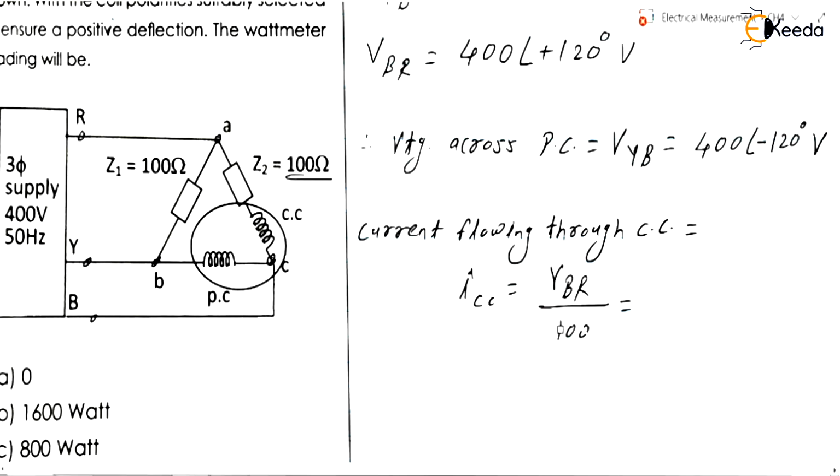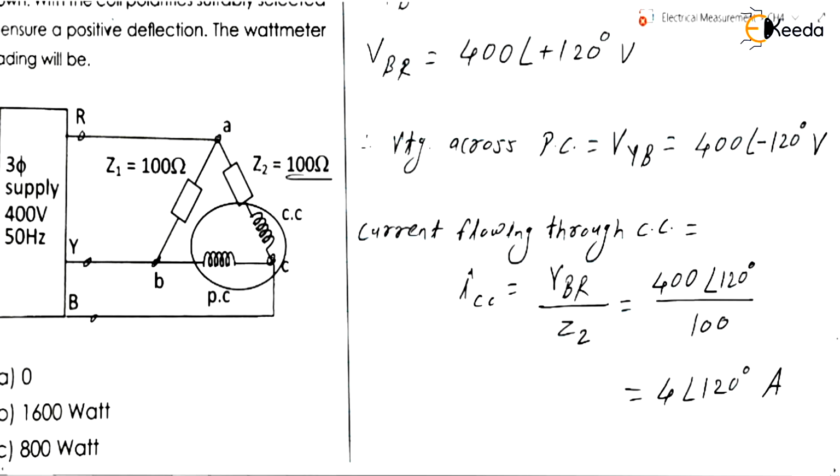After that, in the next step, we can put in 100. So it is 400 at angle 120 degree divided by Z2, which is 100. So it is 4 at angle 120 degree ampere. This is the ICC, right?